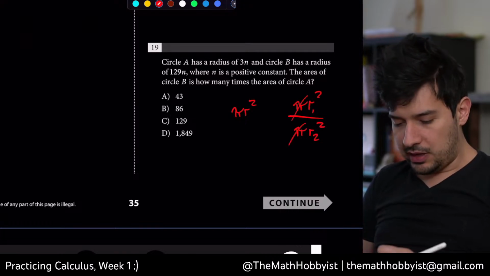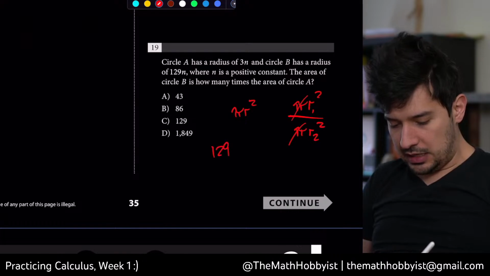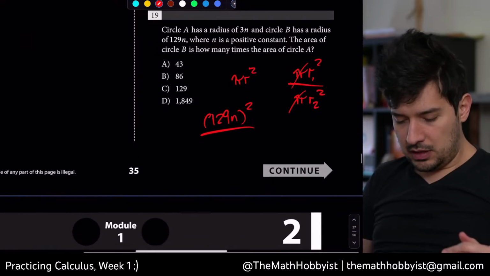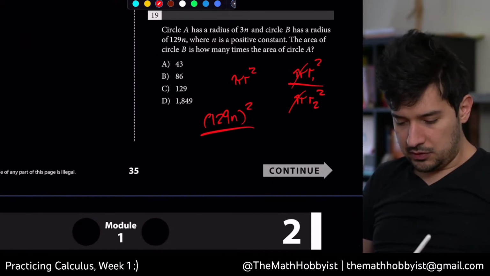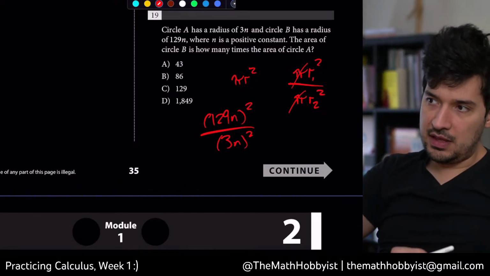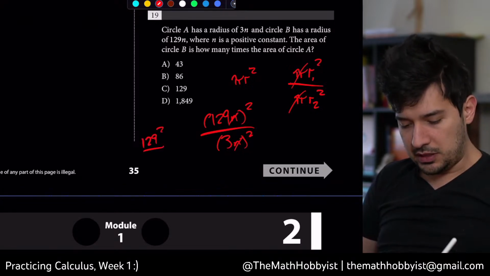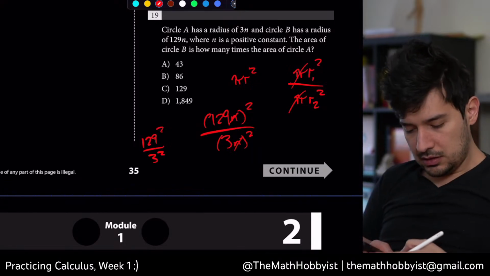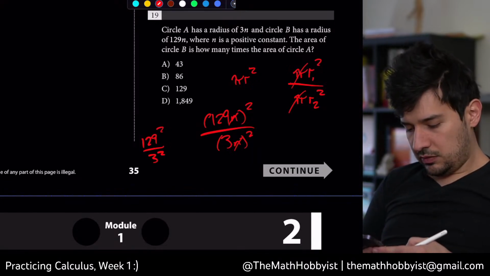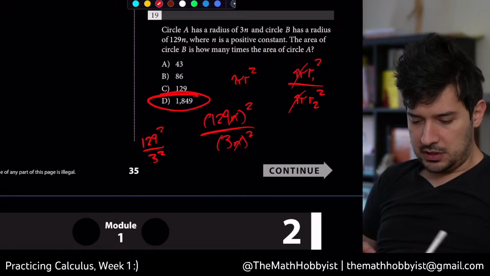Those pi's cancel out, and circle B has 129n squared, and then circle A has radius of 3n quantity squared. So the n squared terms are going to cancel out, and all we care about is 129 squared divided by 3 squared. 129 squared divided by 9, 1849.